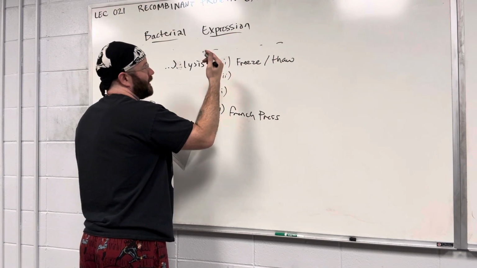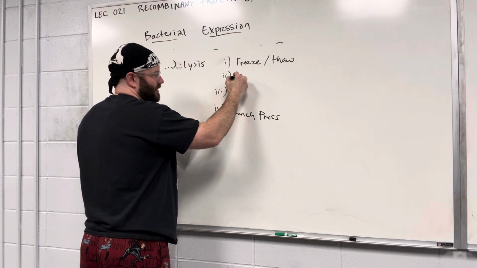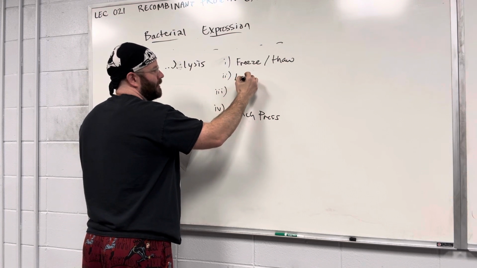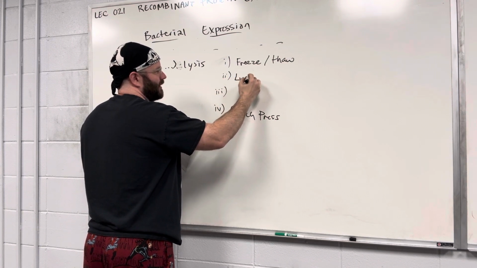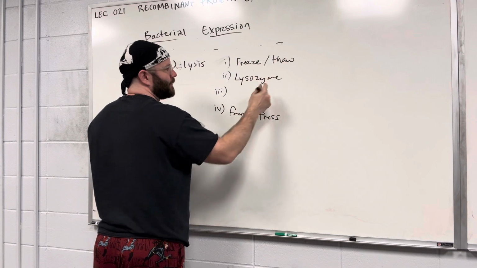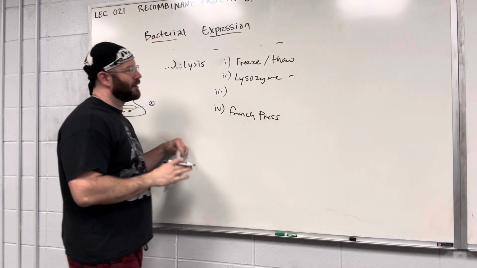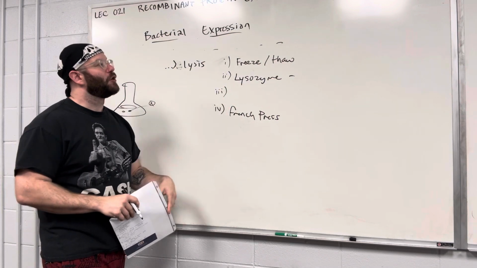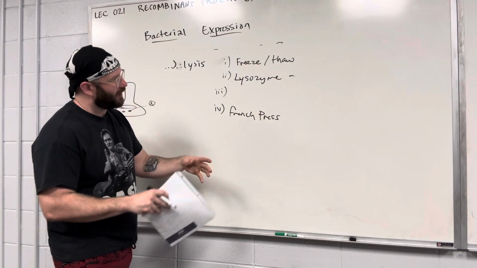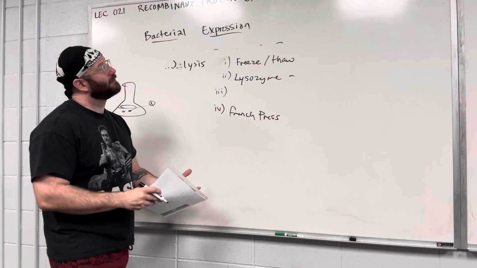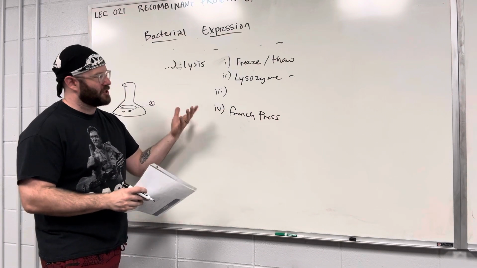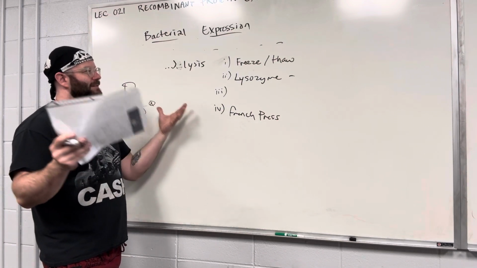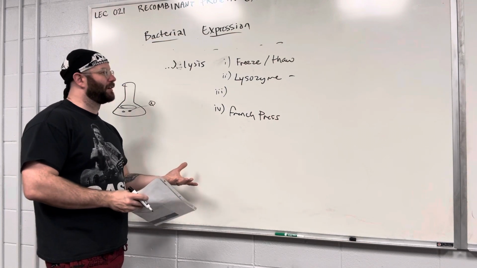There's another, what's called enzymatic lysis, which uses an enzyme called lysozyme. Lysozyme comes from chicken eggs. So chicken eggs have an inherent enzyme called lysozyme, which dissolves the cell wall of tough bacteria. Why would chicken eggs have an enzyme that dissolves the cell wall of bacteria?